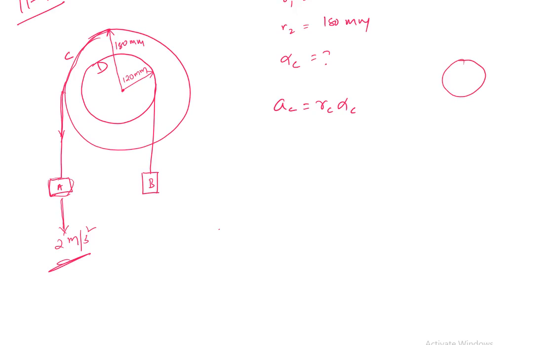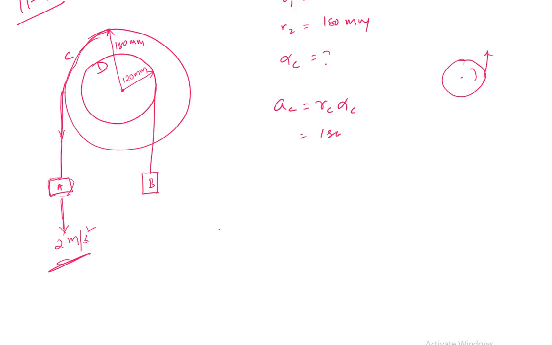So if a wheel is spinning, the linear acceleration is r times the angular acceleration. RC is what? 180.